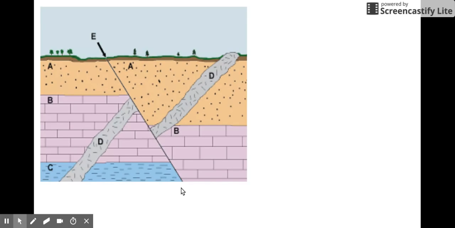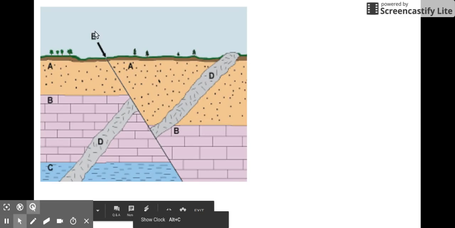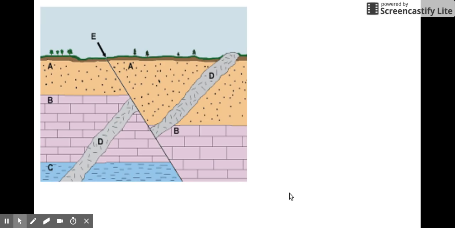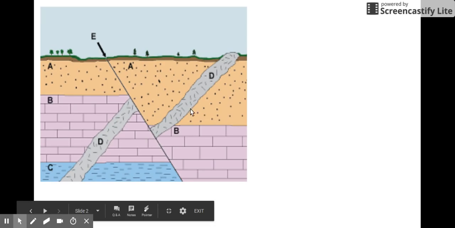It would be so easy to take that knife and put it in a cake pan and go, ta-da, cut cake. But it doesn't work like that. We have to have that cake there before we can slice it. So faults always come after the rock that they cut, even if it's an inclusion like D.